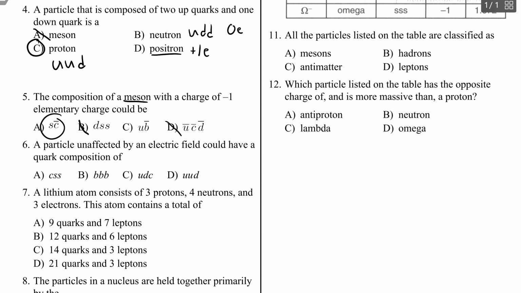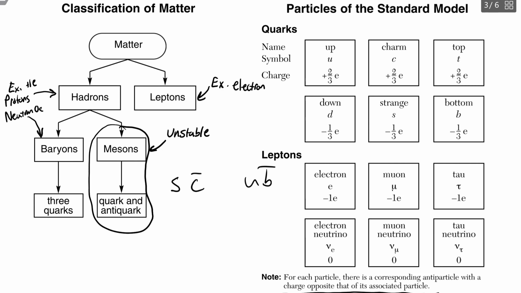We're looking at a quark and an antiquark, and we need to calculate the charge because we're looking for -1e. All right, so we have a strange and an anti-charm, or is it going to be an up and an anti-bottom? Let's take a look at our table, get those charges. Okay, so I rewrote them, strange and anti-charm, up and anti-bottom, just so that we could see them here.